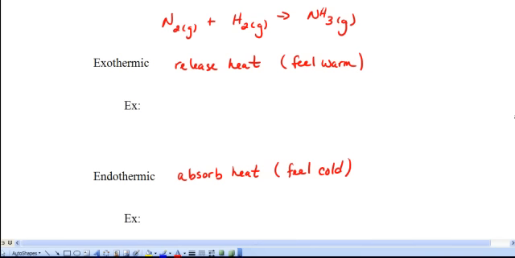Now, as an example of an exothermic reaction, you can use, again, any combustion reaction. One of the more exothermic reactions, known as a single replacement reaction, is the thermite reaction, where you take aluminum, react it with rust, believe it or not, and it's going to form aluminum oxide and iron.